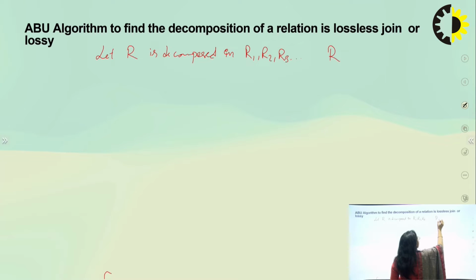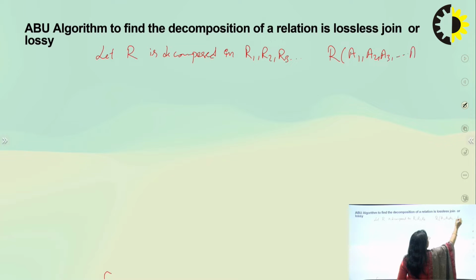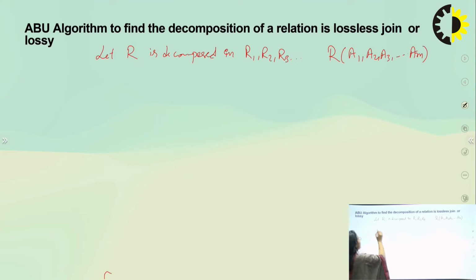R has attributes A1, A2, A3, up to AM, and the functional dependency set is F. So this is our assumption for the algorithm. Now we are starting the algorithm.